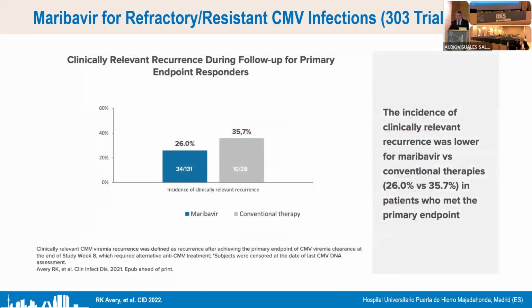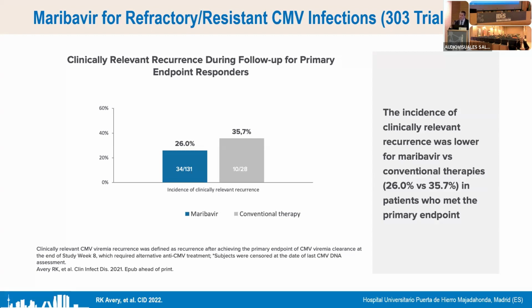And I've left out of all the other pieces of information this other finding, which is very relevant and which also ties with what I said before about letermovir prophylaxis reducing long-term the recurrence of events. And that happens here too in a way. This is recurrence of CMV after successful control with one or the other, with maribavir or with the others.